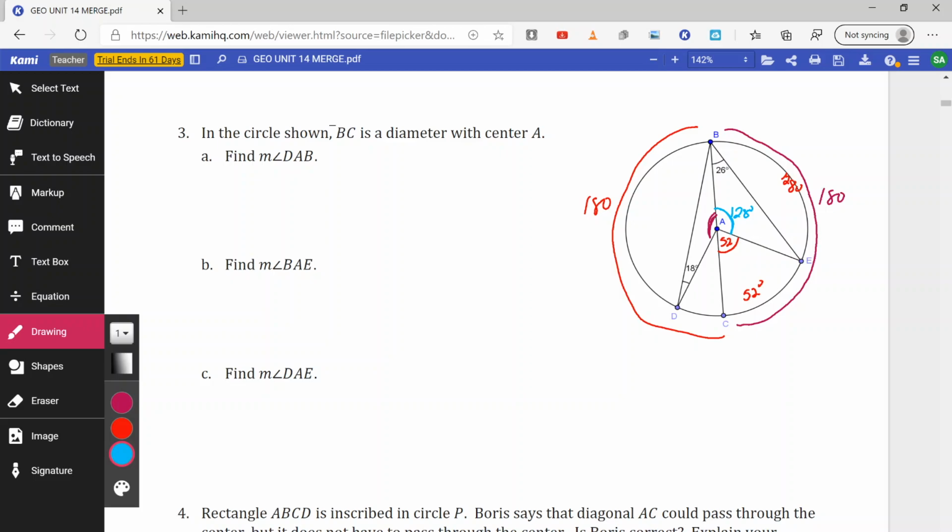So with angle DAE being a right angle, we know that this part plus 52 is going to be 90. So 90 minus 52 gives me an angle of 48 degrees. So with this being 48 degrees, that means D to C is also 48 degrees.